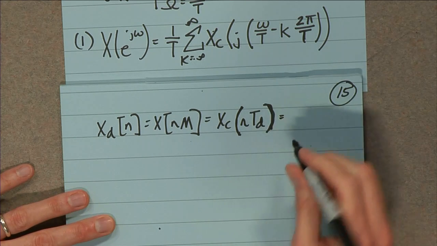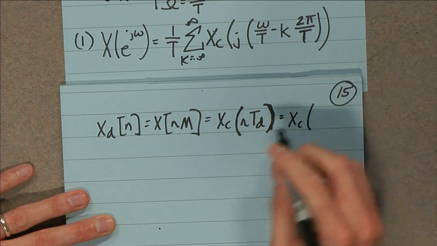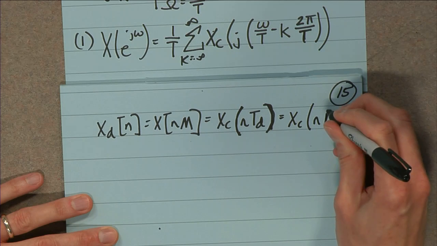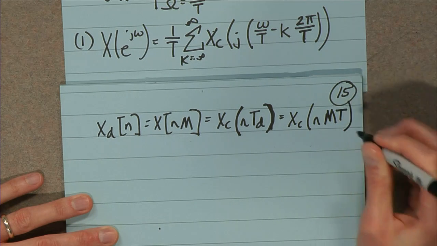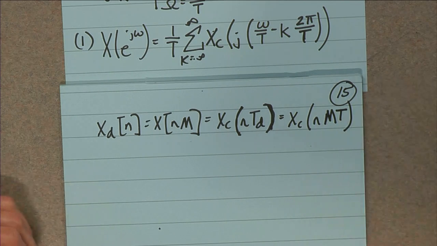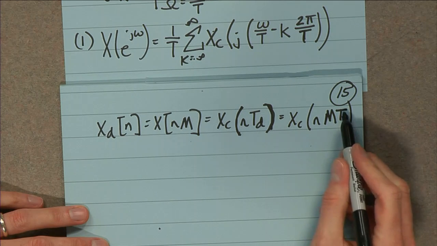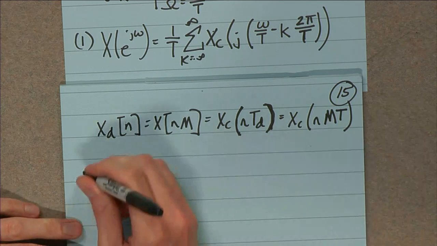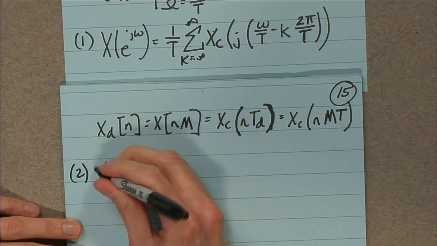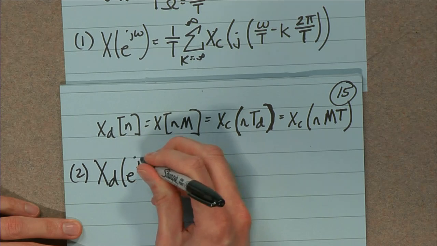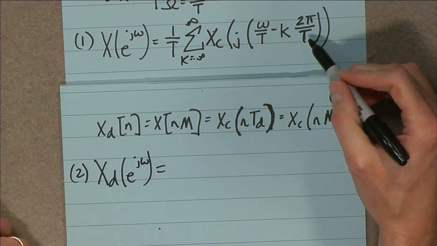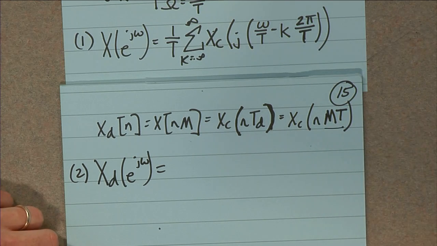And what's the period of the downsampling? Capital M times capital T, because we want to take every Mth sample. So this sample period is much larger now by a factor of M. Using that information, we can jump right to the end and rewrite equation 1 as equation 2, but instead of everywhere I see a T, I'm just going to put MT.